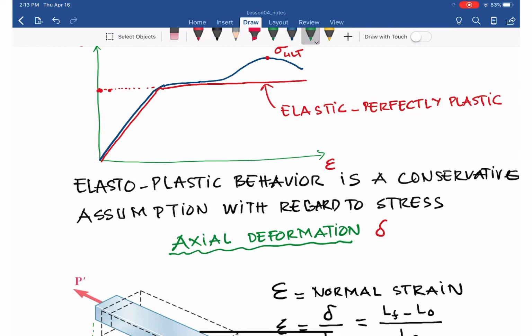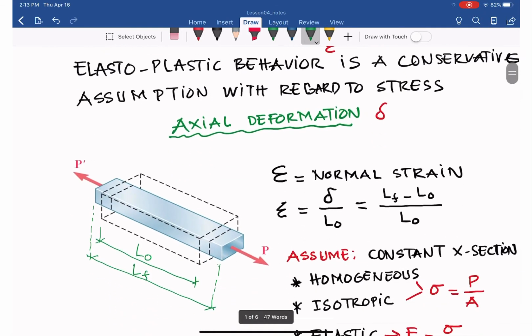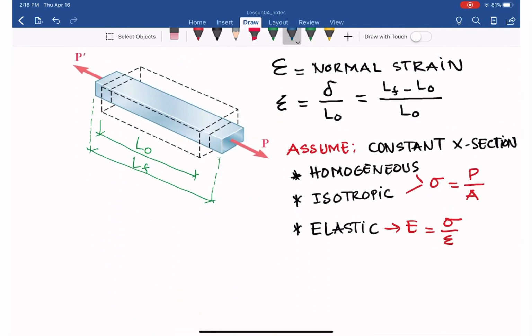Here, if the horizontal axis is epsilon, then the vertical is sigma in the elastic region.